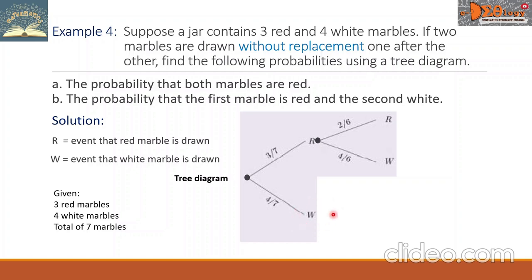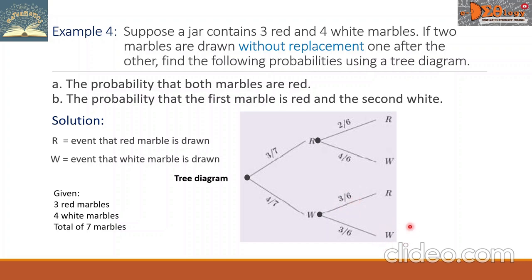Let's go to the W. After taking a white marble on the first draw, there will be two possibilities for the second draw. We know, red marble or white marble. For the red marbles, there will be 3 remaining marbles in the jar, all over the total number of marbles, so 3/6.